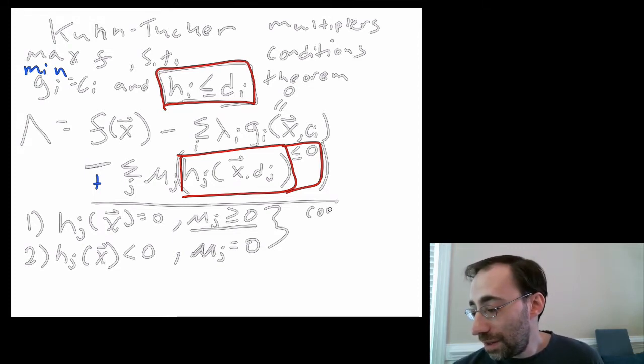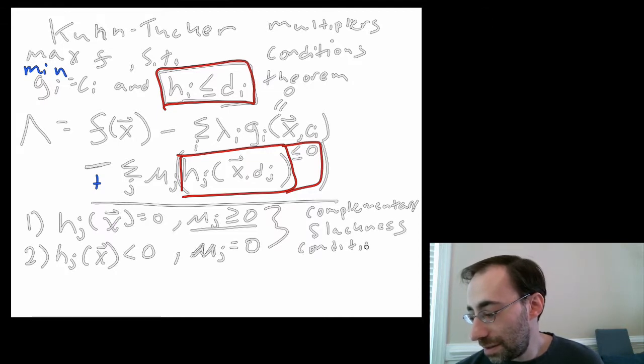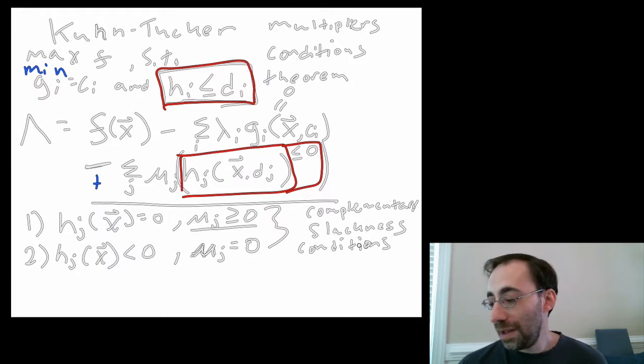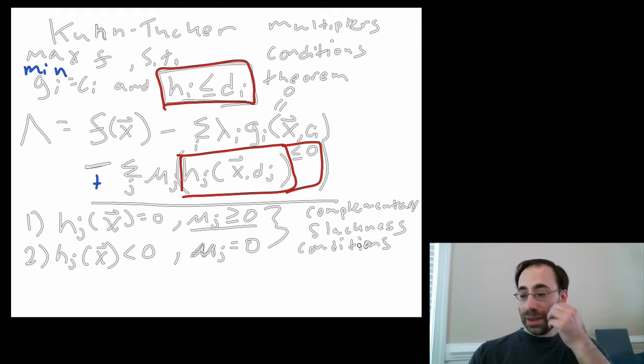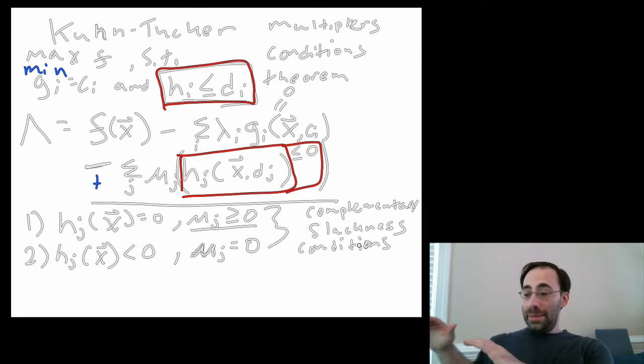They are called complementary slackness conditions.